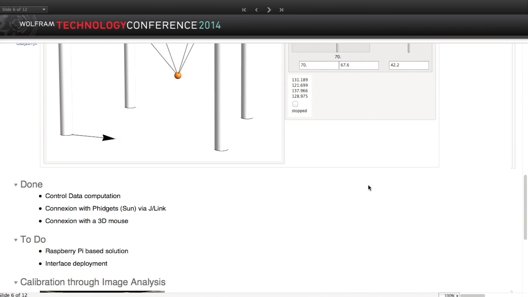And we would like to implement some Raspberry Pi based solution, but the test we have made with the Raspberry Pi is that it's quite slow, especially if you want to do some graphics. So I will have no problem computing the model, sending the orders and running the control loop. But I'm afraid I won't be able to have this interface working on the Raspberry Pi.